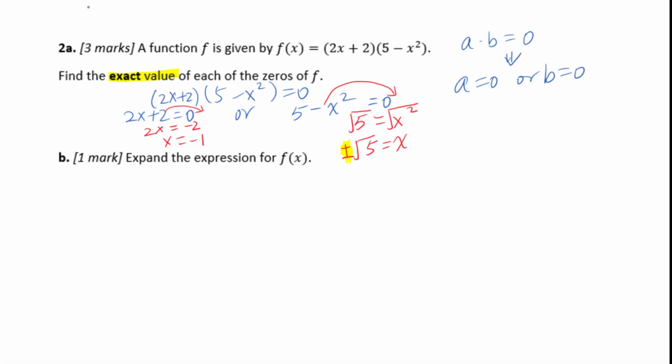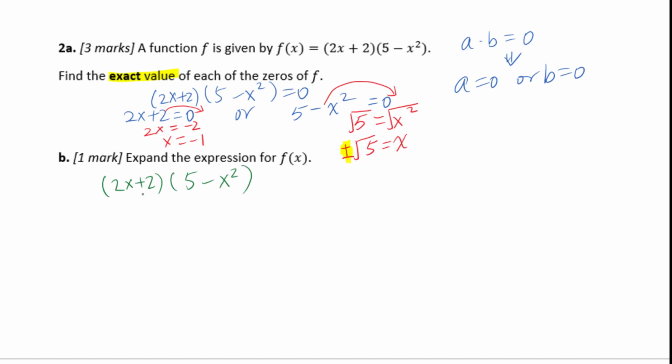For b, expand the expression for f of x: (2x plus 2) times (5 minus x squared). Do the FOIL. 2x times 5 is 10x. 2x times negative x squared is minus 2x to the third power.